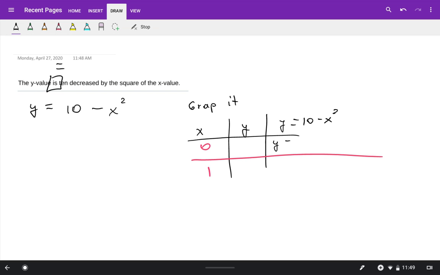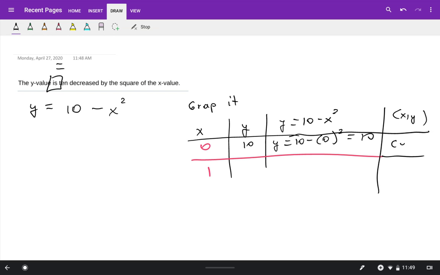So y is equal to 10 minus 0 squared, which is just 10. So you have a point, x comma y: 0 comma 10. When x is equal to 1, y will be 10 minus 1 to the second power, which is 10 minus 1, which is 9. So you have a point 1 comma 9.